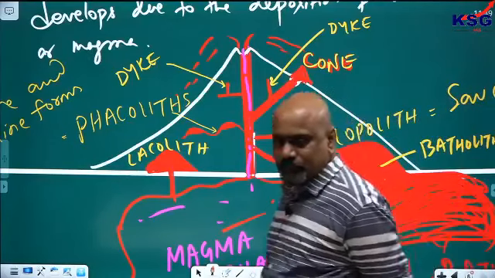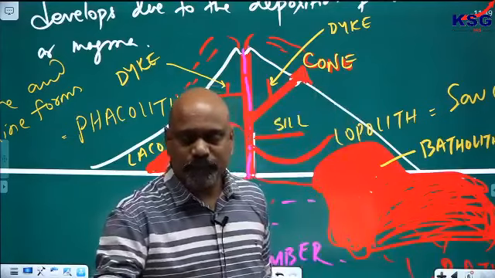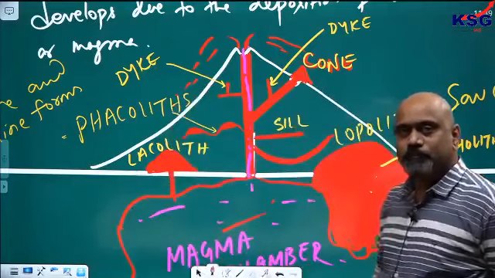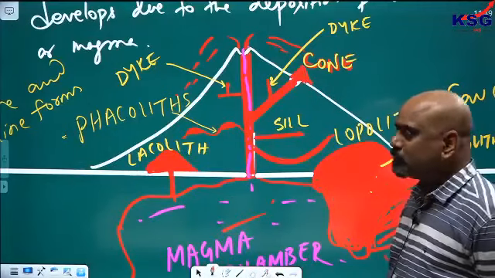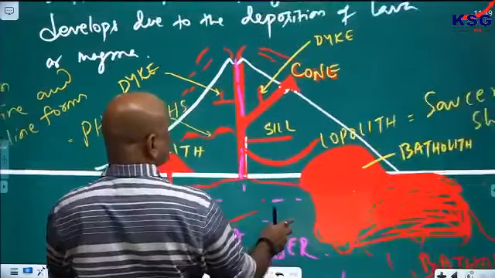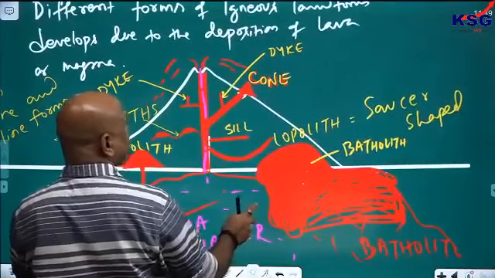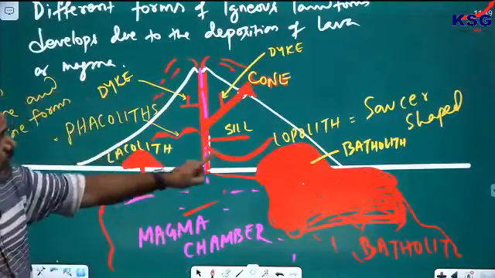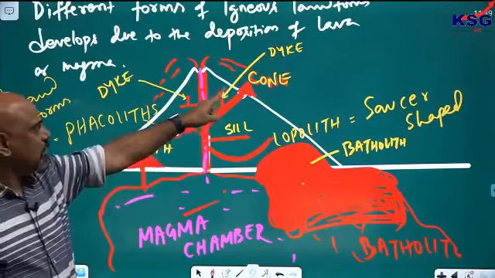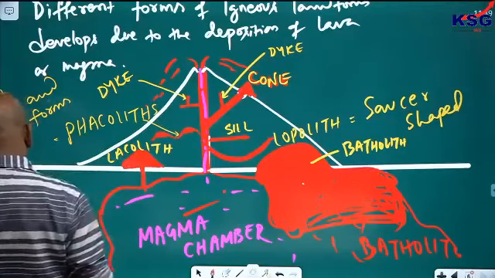Done. Now is it okay? Lopolith, saucer shaped, batholith here, sill, dike, we have the cone here. Laccolith is this side.